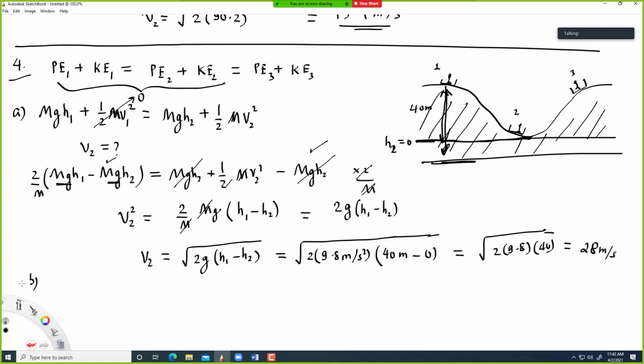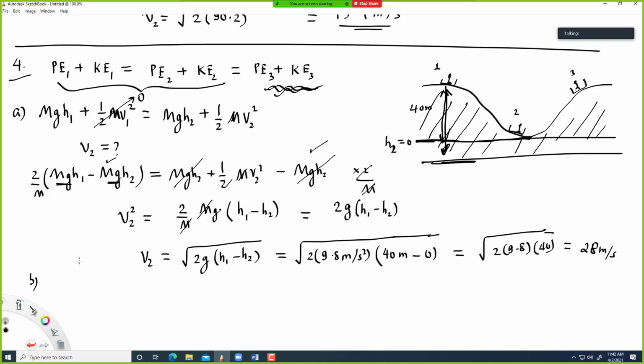And it's asking how high will it go on the third stage. So again, we use the same equation. For the third stage, we need to use this part because that's what the energy is at stage 3.